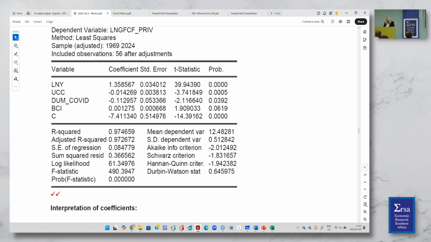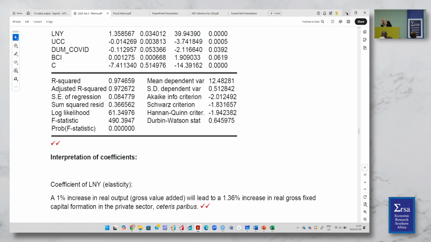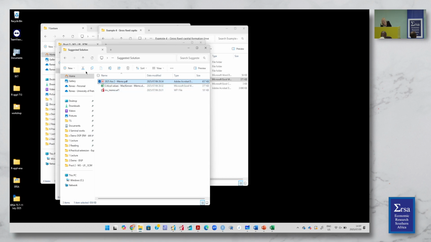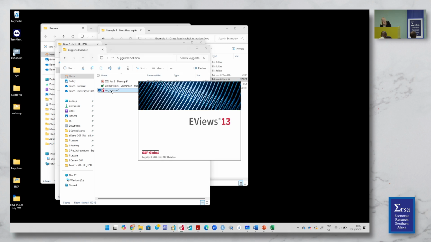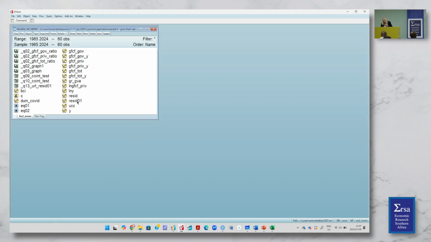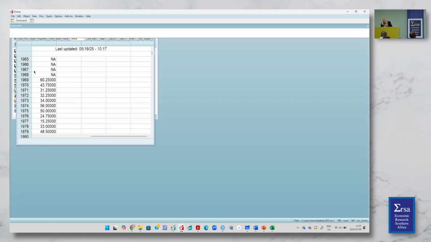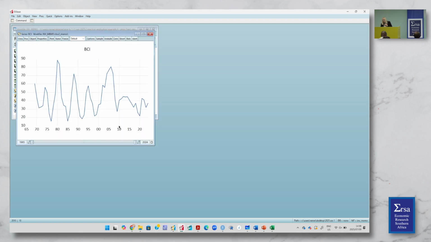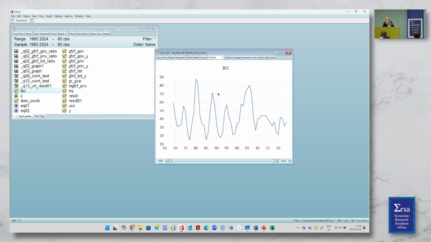But I still think that that business confidence index of the BER is not the proper variable, because if you look at the trend of the business confidence index, I don't know if I have this open, but if you look at that BCI, it looks more like a little bit of a roller coaster. It's up and down and up and down.